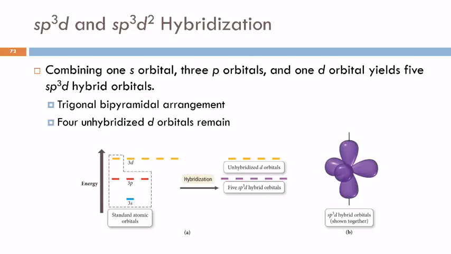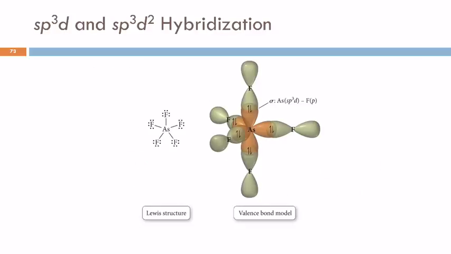We're not going to really look at the shapes. I think you've got the idea. You've got 5 things shaped like purple turkey drumsticks, and they make a trigonal bipyramid shape. So these are the 5 hybridized orbitals, and then those unhybridized d orbitals are still just sitting there. So here is arsenic pentafluoride.